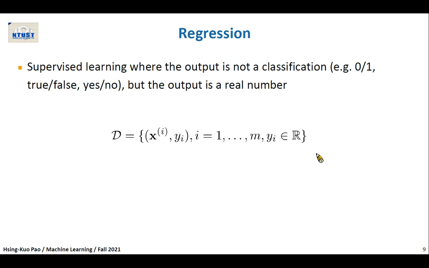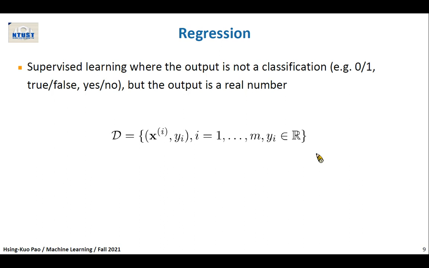Also, sometimes we are going to study a probabilistic approach, which means that we are using probability. Probability is between 0 and 1. Later we are going to discuss probability.